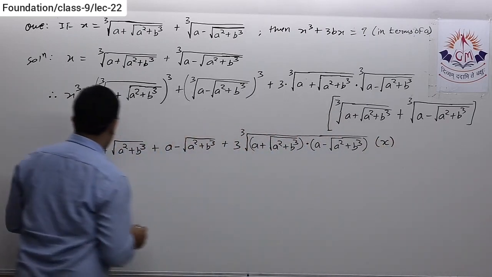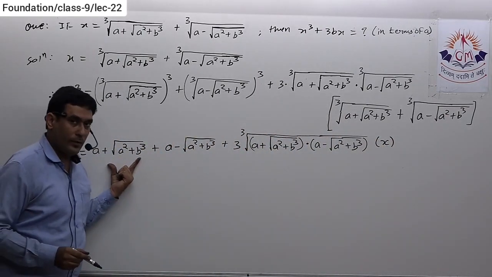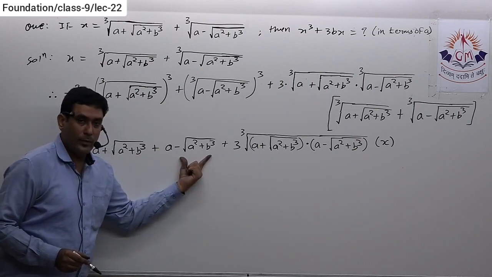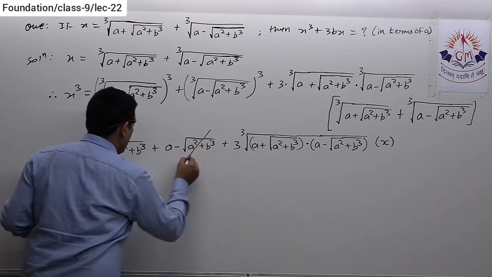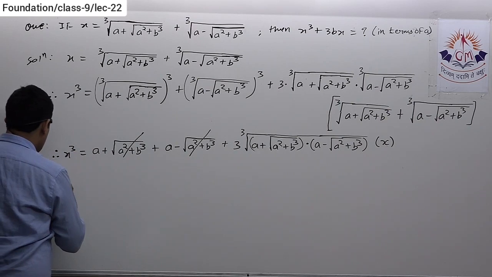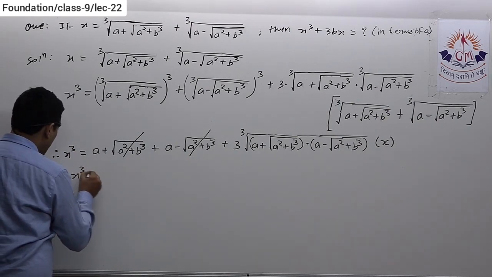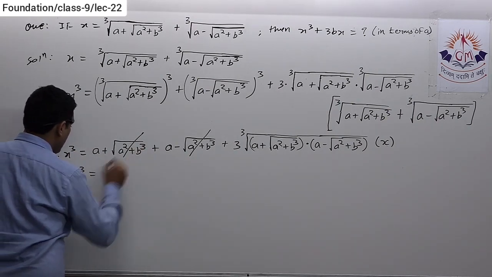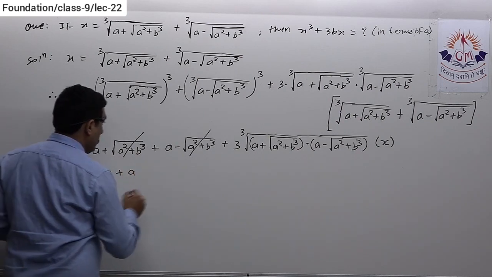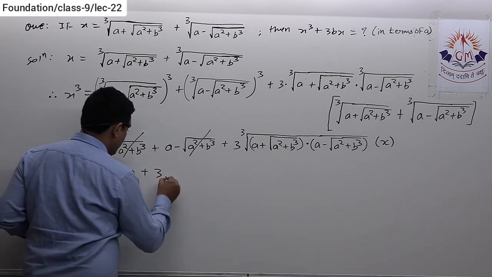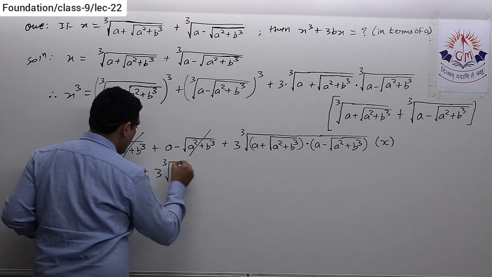Okay, now here you can observe this a square plus b cube minus a square plus b cube within root sign. So I can cancel these two. So here I will get x cube is equal to a plus a. Now plus 3. Again cube root sign is there.